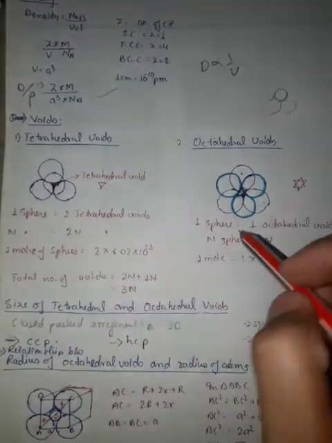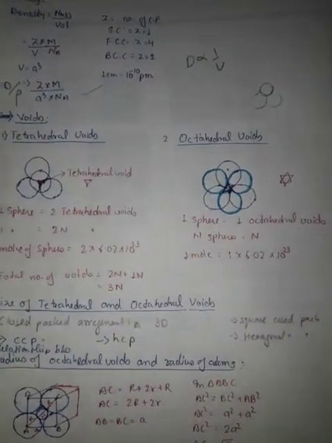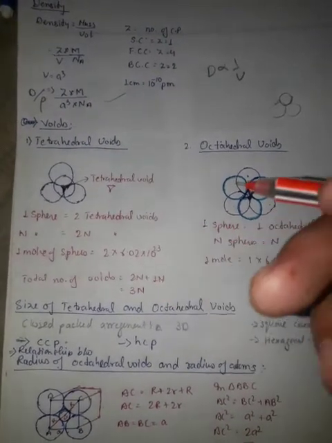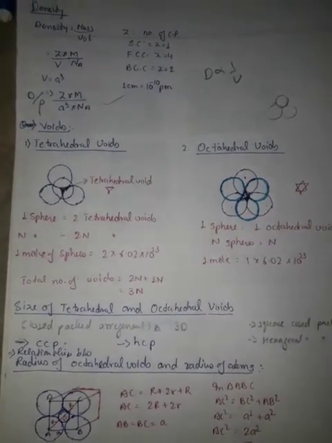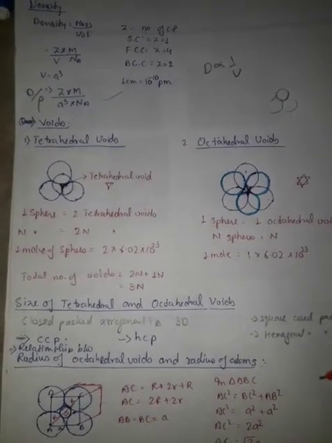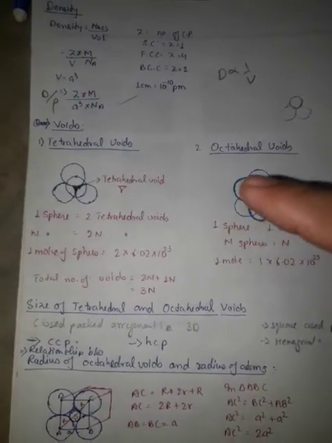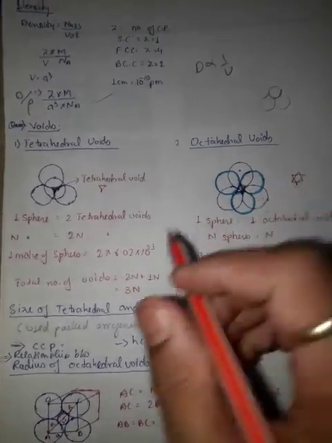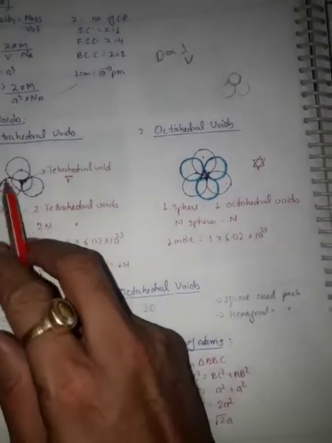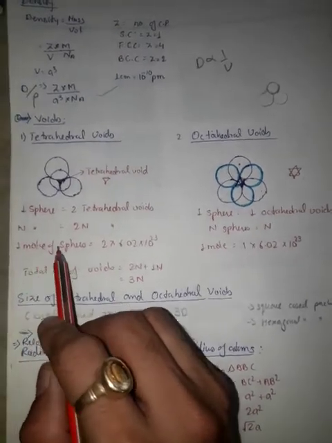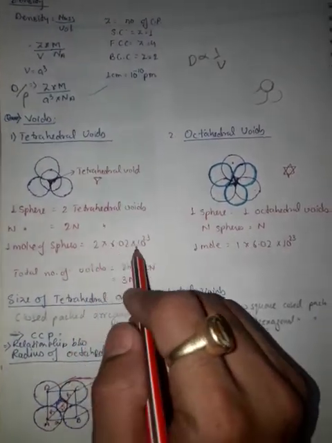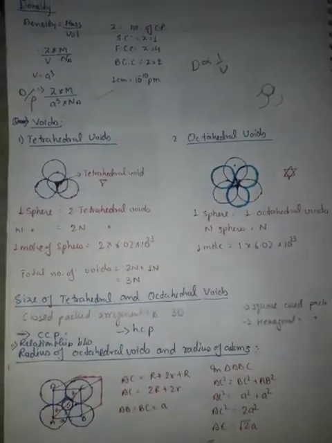Then for n spheres, there should be n octahedral voids, and if one sphere has two tetrahedral voids, then n spheres contain 2n tetrahedral voids. In terms of moles, for 1 mole of spheres we will get 2 into 6.02 into 10 to the power 23; you multiply with the Avogadro number.